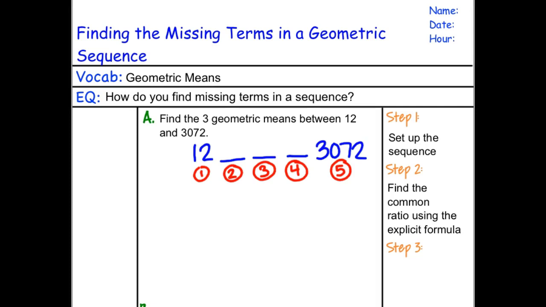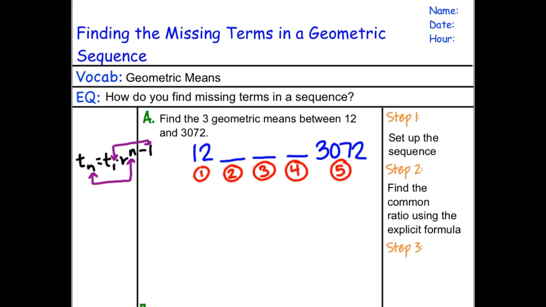Remember, our explicit formula is t sub n equals t sub 1 times r to the n minus 1 power. If you notice, some of you heard about this when we were doing arithmetic sequences, these two match. We got an n and an n. And this right here matches right here. They always have to match.